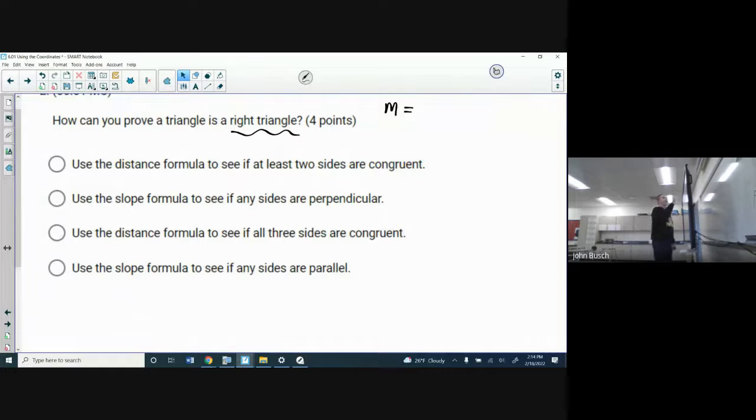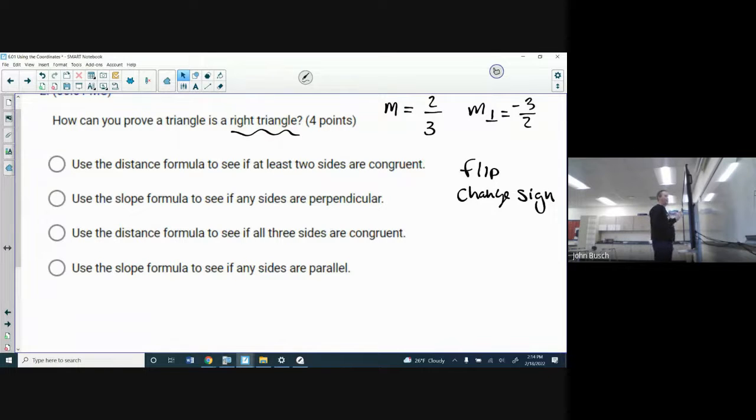So, for example, if the slope of one side is 2/3, the perpendicular slope would be -3/2. You flip it and change the sign for a perpendicular slope.